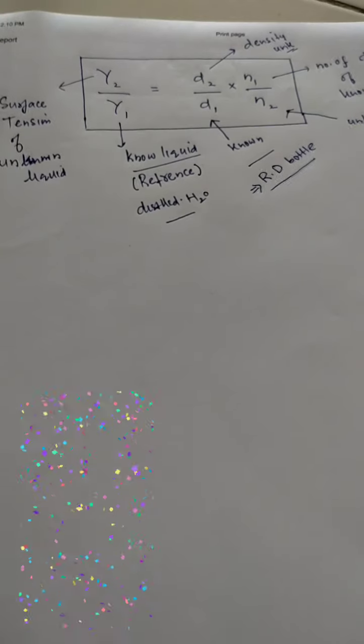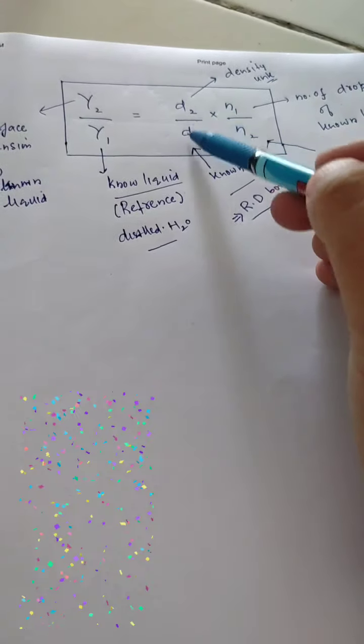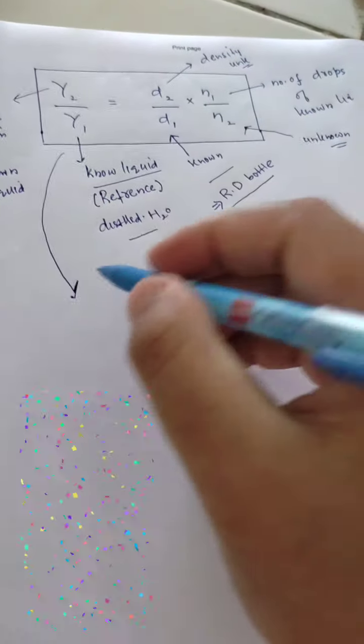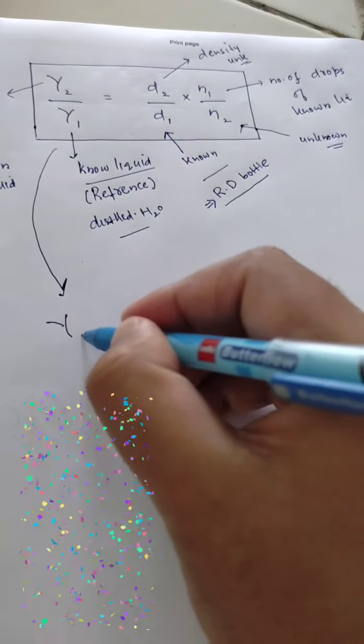So we can calculate the relative density d2 by d1 by the relative density bottle. Now from this, if we arrange this equation, we need gamma 2, that is the surface tension of our unknown liquid that has to be determined.